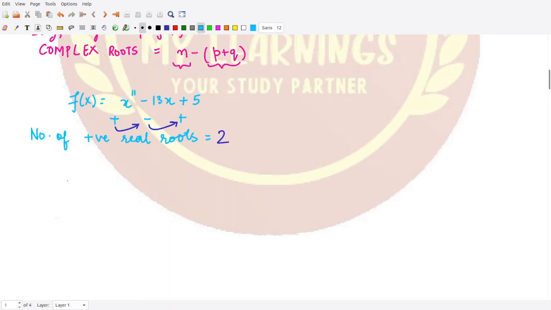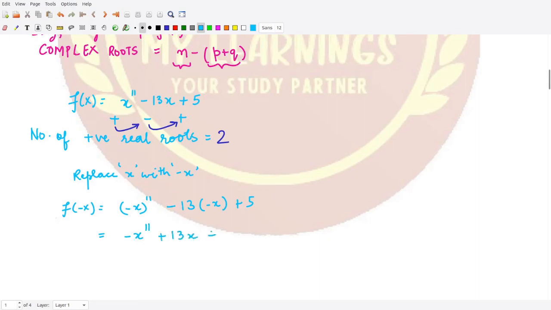Next, we have to replace x with minus x, right? In that case, we would have f of minus x as minus x to the power 11 minus 13 times minus x plus 5. Minus 1 to the power 11 is minus only, so minus x to the power 11, and it would become plus 13x and plus 5.